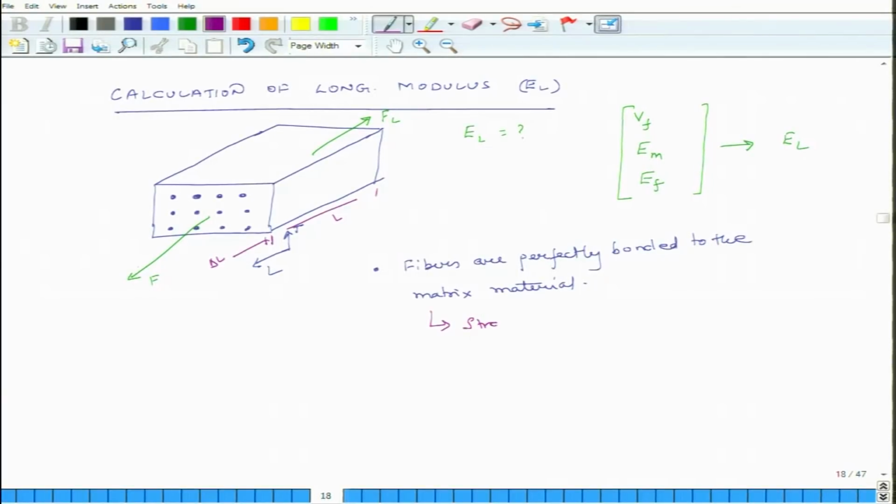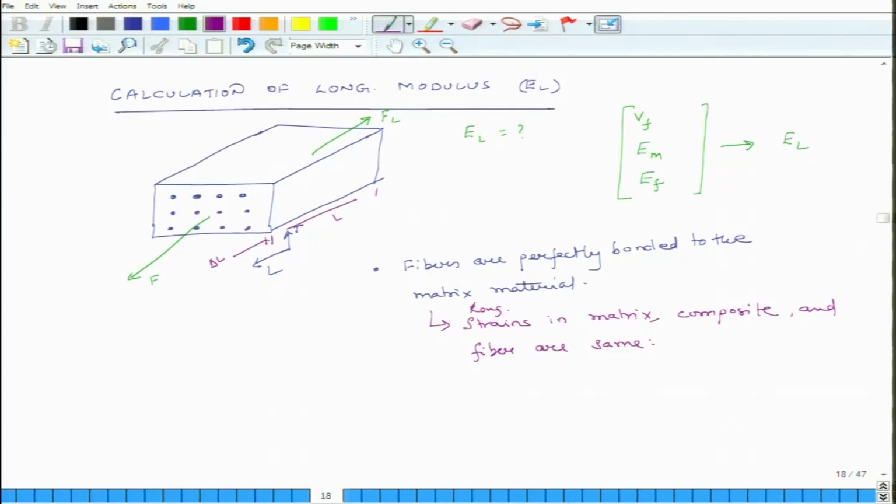But if they are perfectly bonded, then the consequence of this is that strains in matrix, composite, and by strains I mean longitudinal strain, that is in the L direction, longitudinal strains in matrix, composite and fiber are the same.